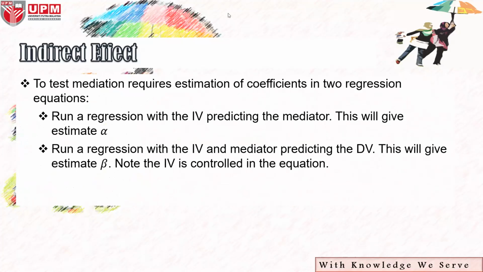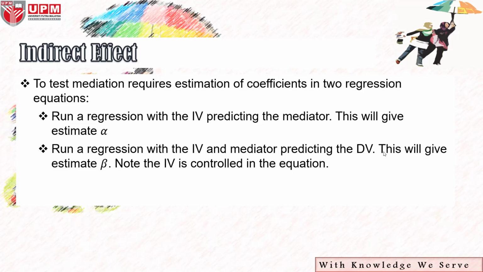Okay. For indirect effect, to test mediation requires estimation of coefficients in regression equations. Okay, run a regression with the IV predicting the mediator. So IV dengan mediator, this will give us the alpha. IV, mediator sama macam dalam Baron and Kenny. Then we need to run the second regression. Okay, run a regression with the IV and mediator predicting the DV.